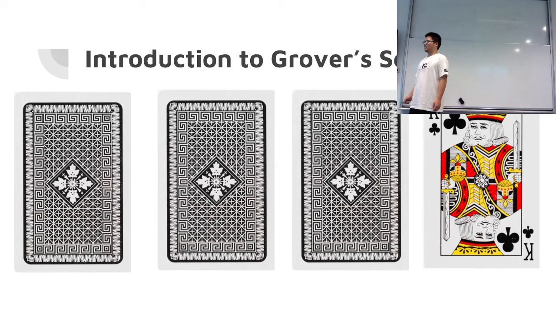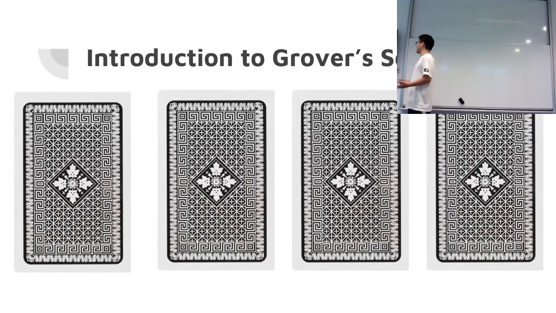So what if I told you, if I were to flip these cards and find the king, I would only use one chance, and I would get the king 100% of the time? That sounds a little bit amazing, right? That's basically what Grover search does. It's a little bit more complicated than just drawing a card. It involves some calculation, but the basic idea is kind of like that.